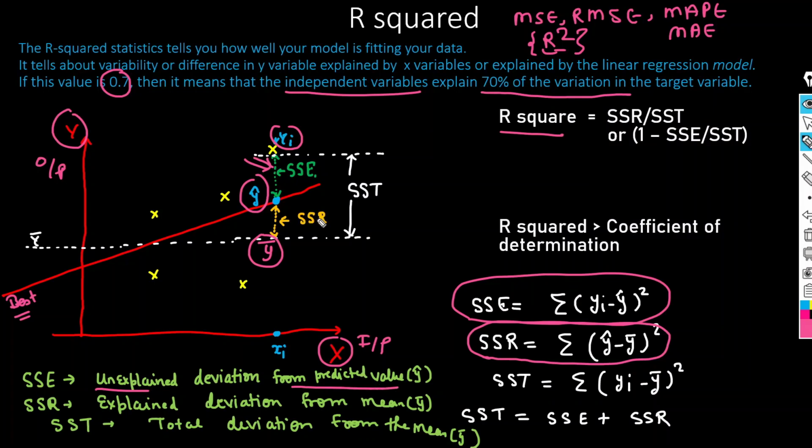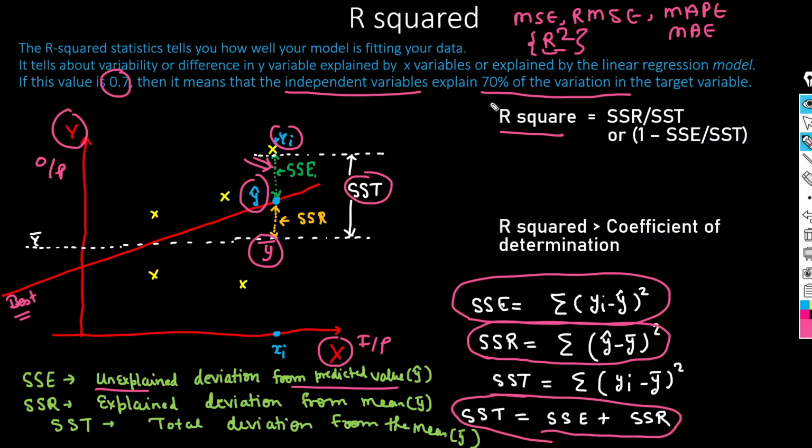And SSR, sum squared due to regression, is called your explained deviation, the explained deviation from the mean value. And SST, if I add both SSE and SSR, we get the SST. The SST formula is the sum of actual minus mean value, which is called your total deviation from the mean.